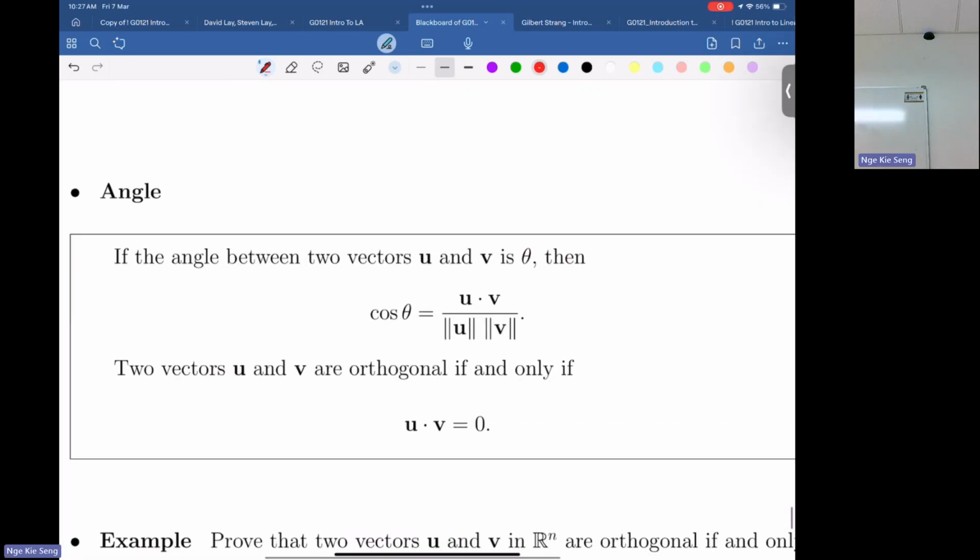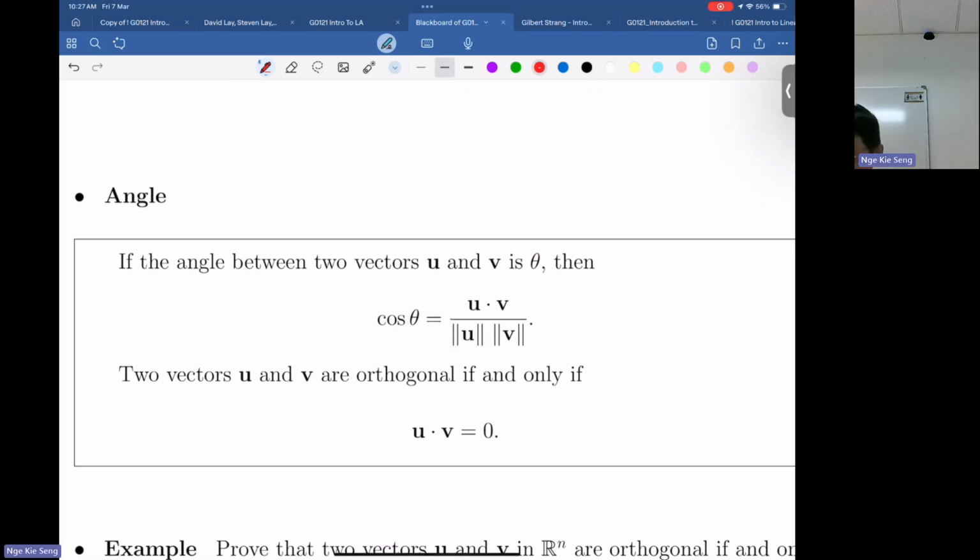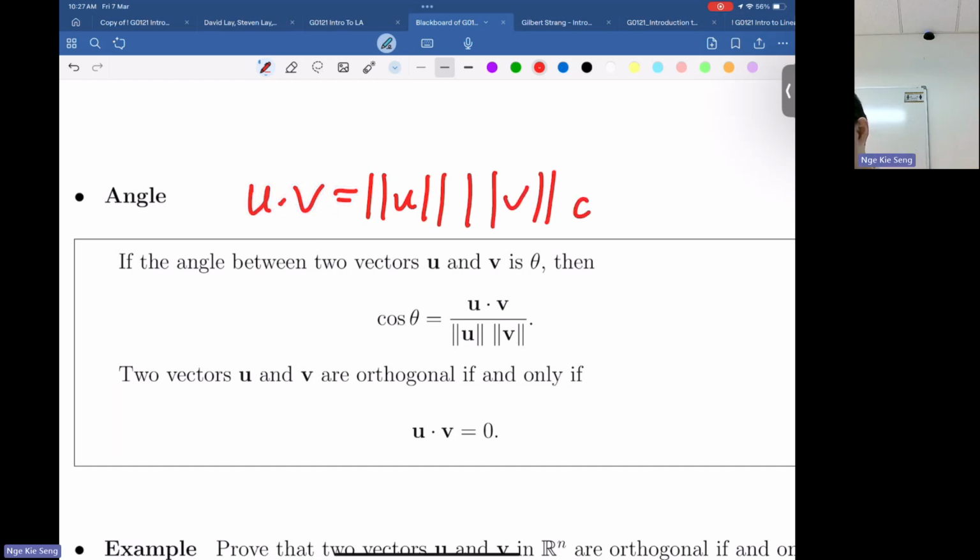Next, it's about the angle. Maybe this is not very enlightening, but one thing I want you to see is that u dot v equals the length of u times the length of v times cos theta. That's why they get this theta formula here. If you take u dot product with v, it is a number, right? What this number means is very important. You know that u dot u is just a length squared.